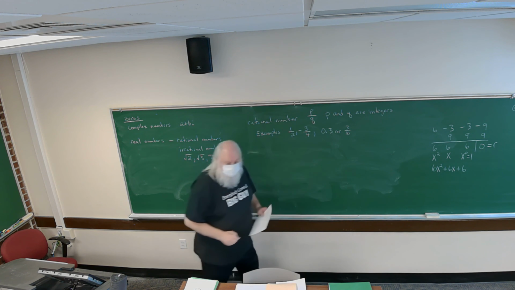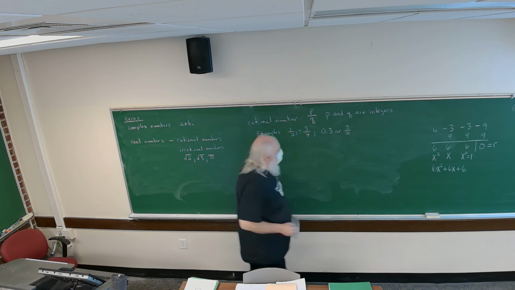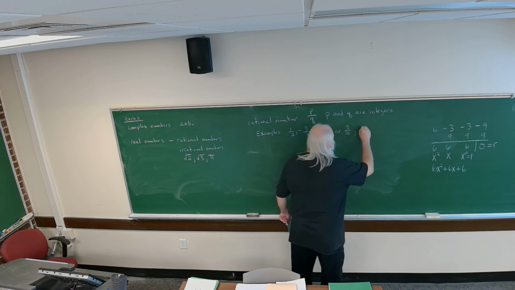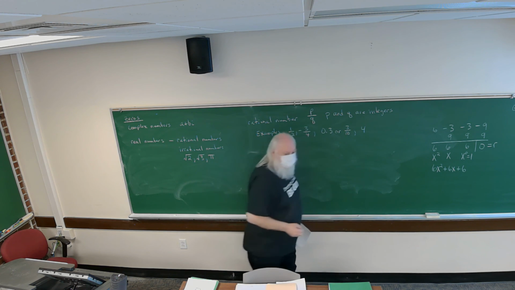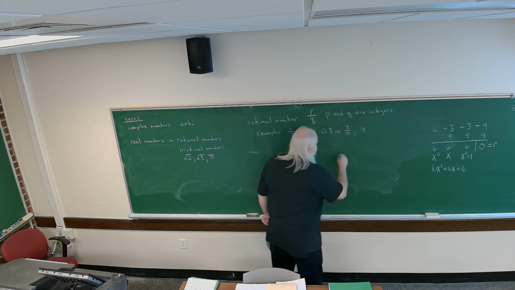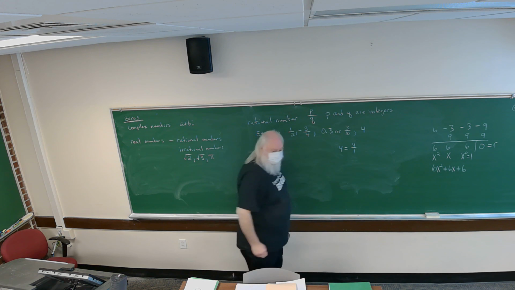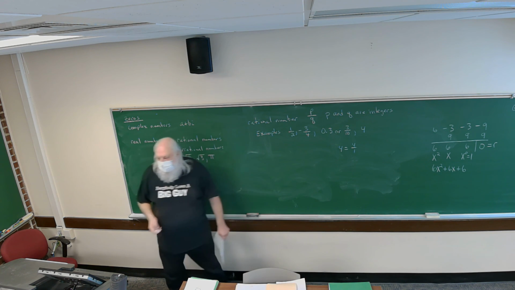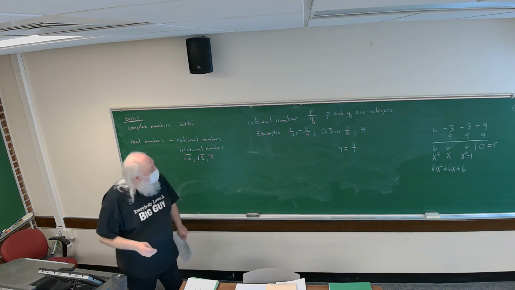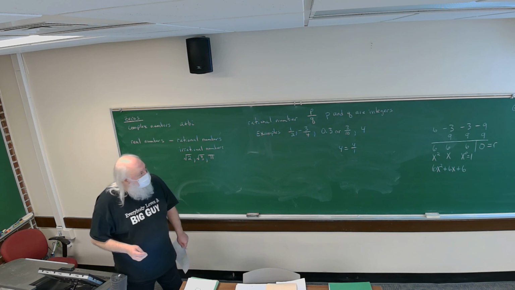And whole numbers are rational numbers because the number 4 can be written as 4 divided by 1. So that's what rational numbers look like.